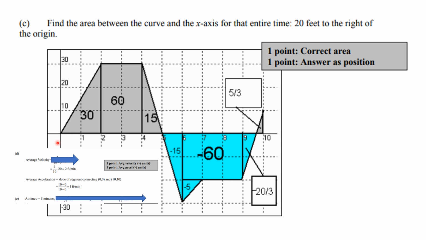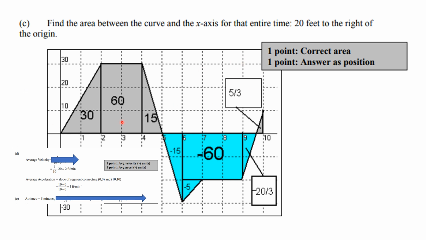Now the average velocity is the change in distance over change in time. You change from 0 to 20, and you divide by 10 minutes, so it's 2 feet per minute. That's the average velocity. And the average acceleration is the change in velocity over the change in time.